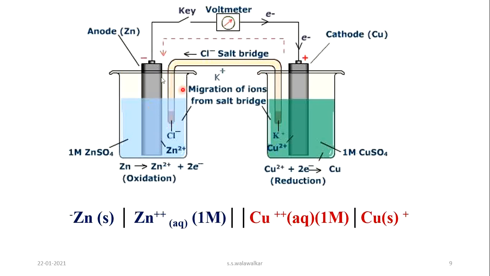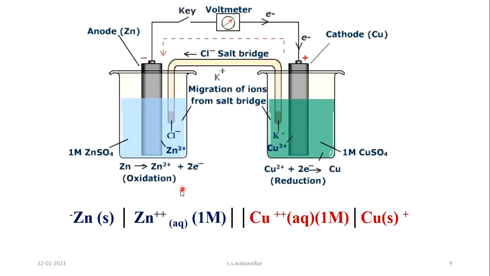So like this is the Daniell cell and how it is represented. See here, solid zinc is in contact with zinc ion solution whose concentration is 1 molar. So here it is written 1 molar. And the copper rod, which is on the right hand side where reduction takes place, is in the solid state and it is in contact with copper ion solution in aqueous medium whose concentration is 1 molar.